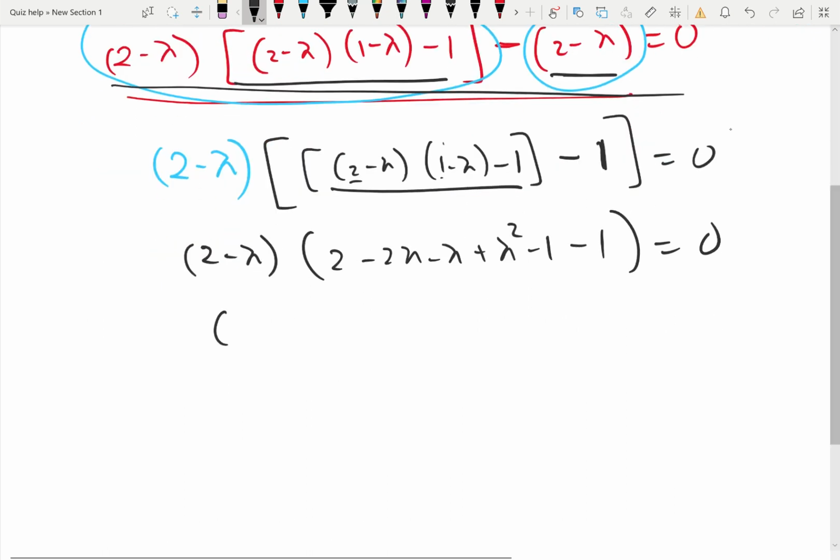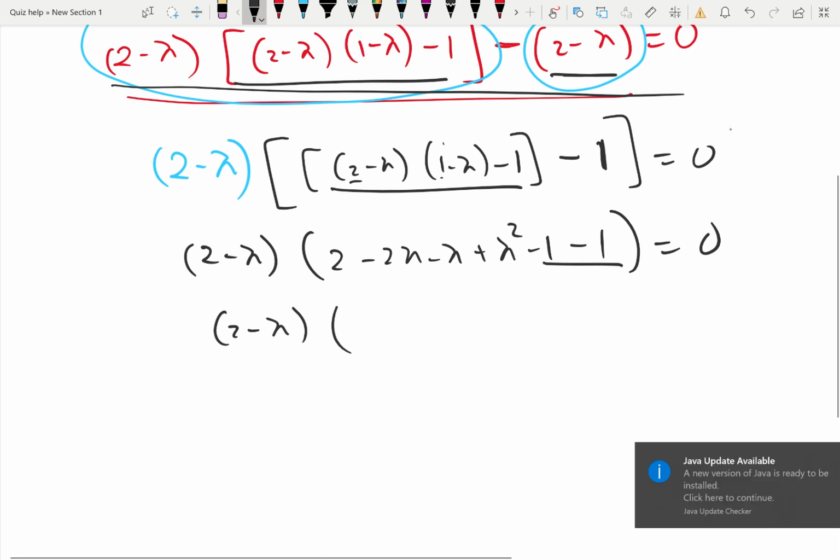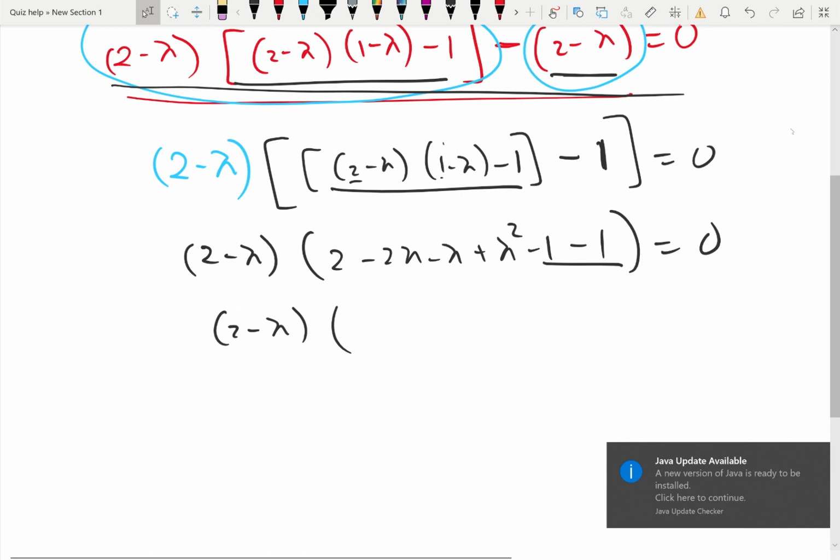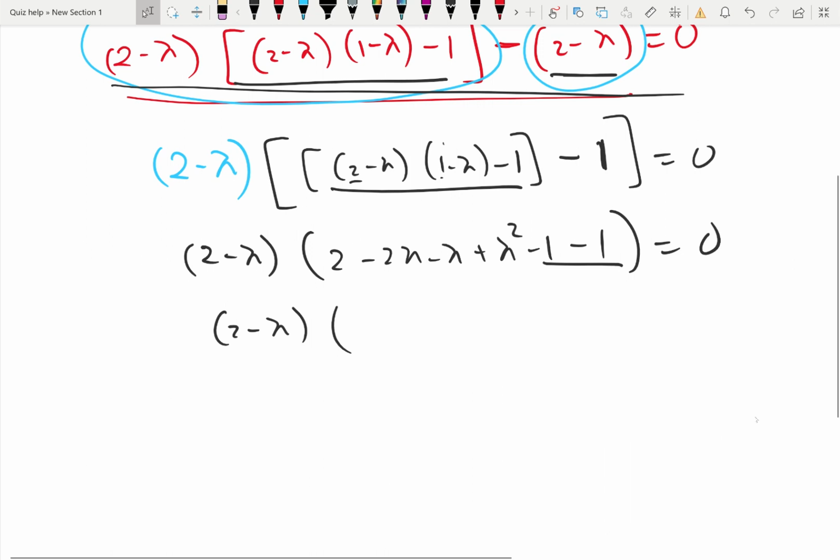So here it seems to be minus 1, minus 1, minus 2. That minus 2 and this 2 cancel out. So it is here minus 3 lambda plus lambda squared.